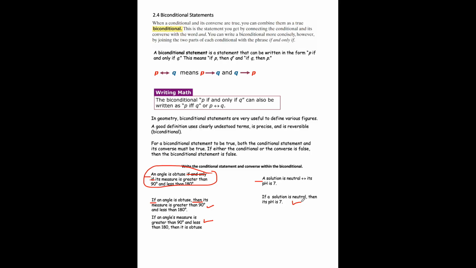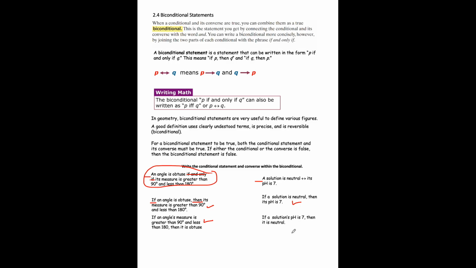What's the other one? Well, it's the converse of this conditional that we've derived. So write the converse. You can pause and write it and check. You should have, if a solution's pH is 7, then it is neutral.